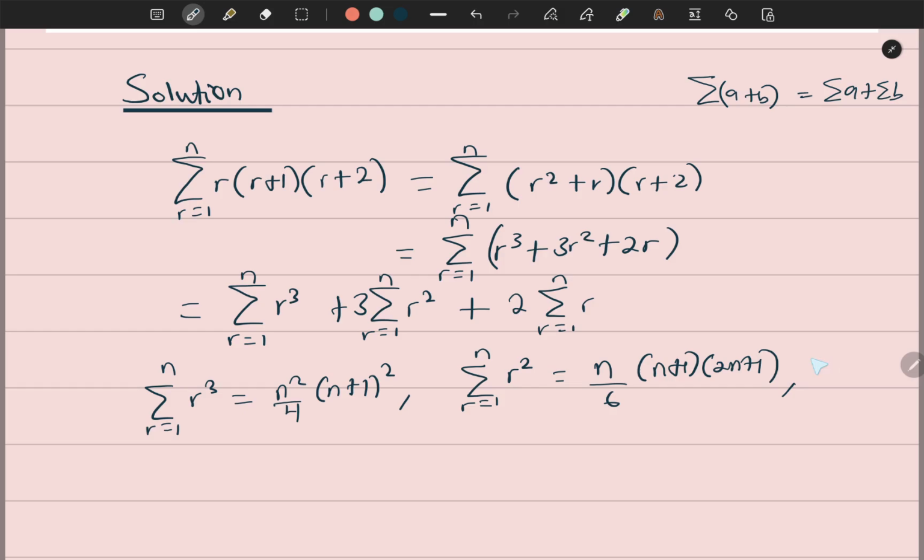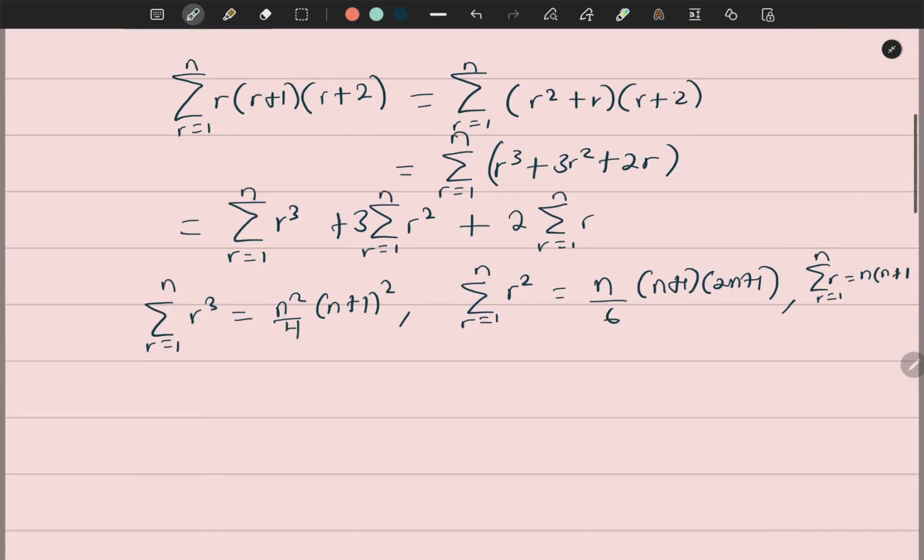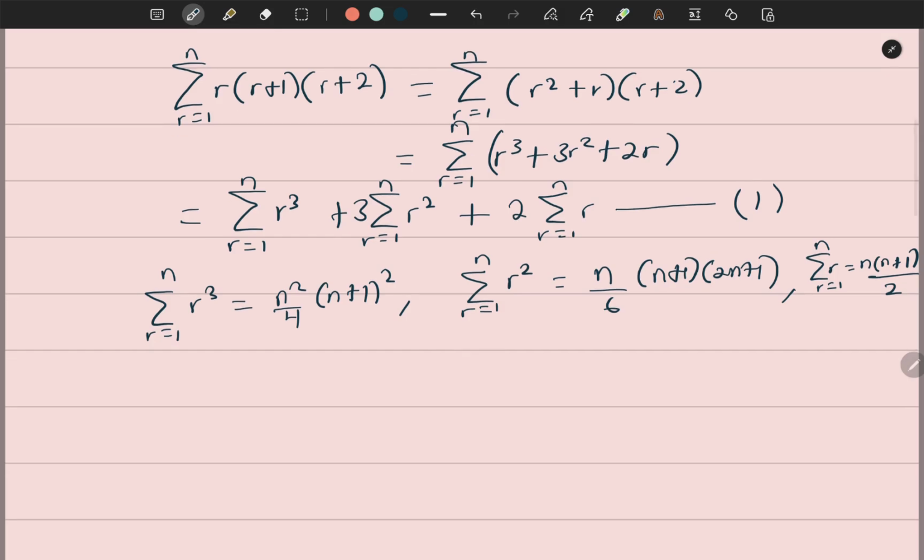And the last one, the summation r equals 1 to n of r, is given to be n times (n plus 1) over 2. So we're going to make use of this in this equation. Let's call this equation 1. Everything we have here, we're going to substitute into 1, so that we can simplify it in terms of n.